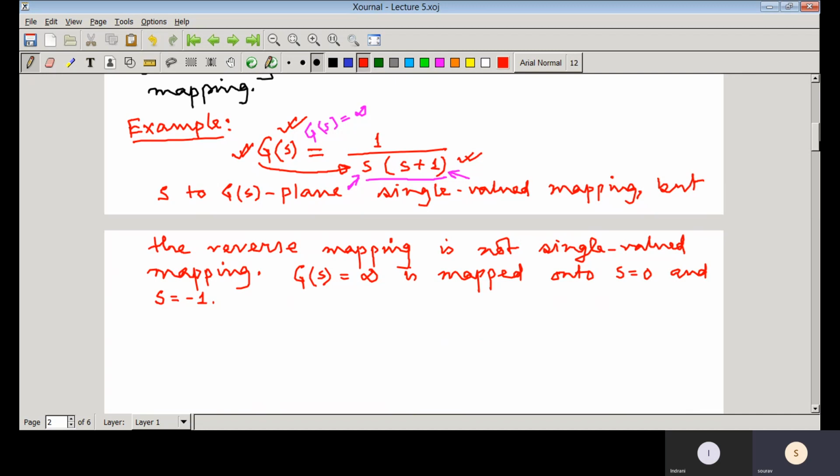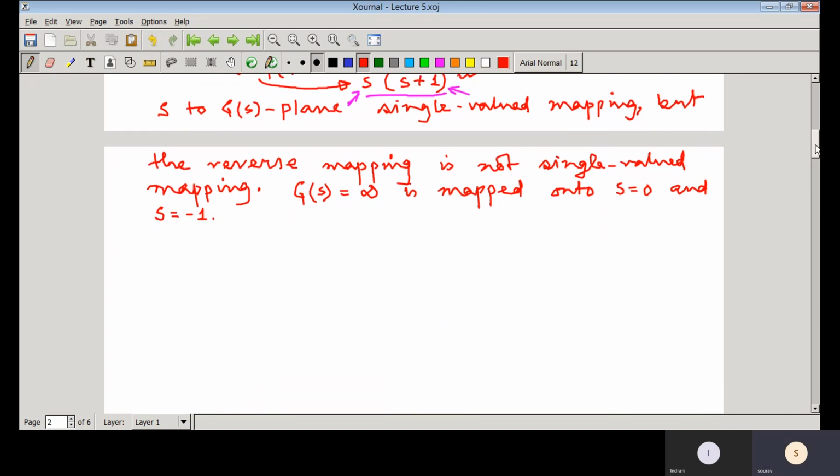So now we will discuss what is analytic function. So this is a very important term, analytic function. I hope you all know it in complex variables. You have studied it in your basic mathematics course.